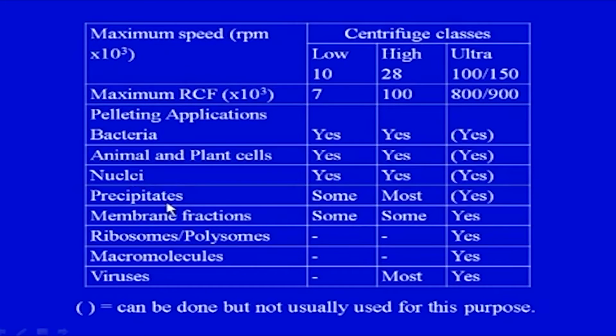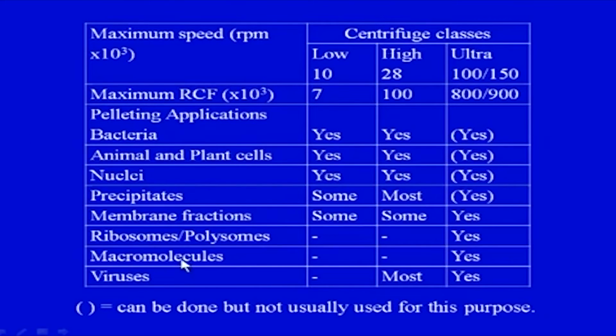Nuclei can be pelleted with any of these. For certain precipitates, high speed centrifuges are quite good, maybe low speed is not enough. In brackets we have put that it can be done, but is not usually used for this purpose.